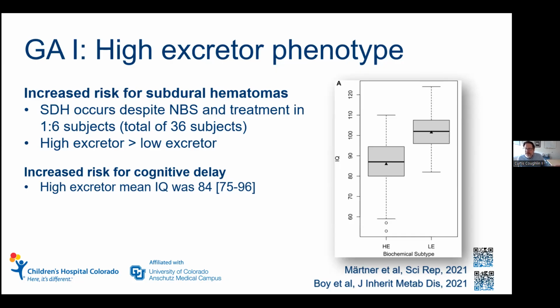I was really surprised by both of these papers, but here's the data and here is the figure for the IQ. You can see that there is some significant overlap for them, and they're both pretty low numbers.